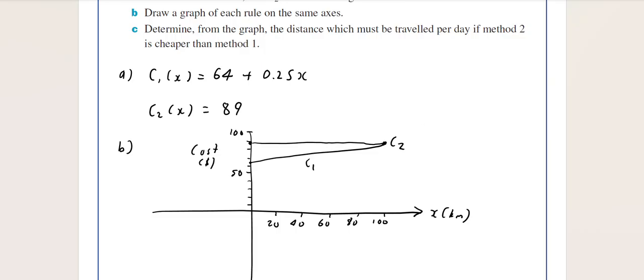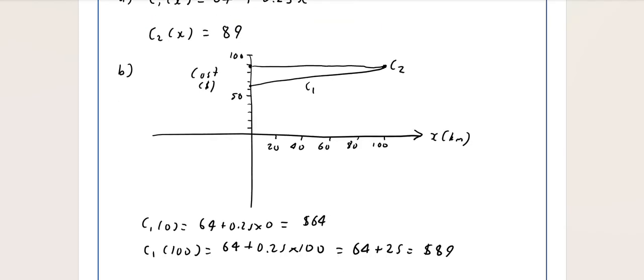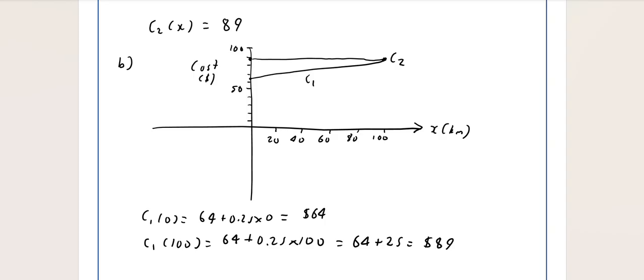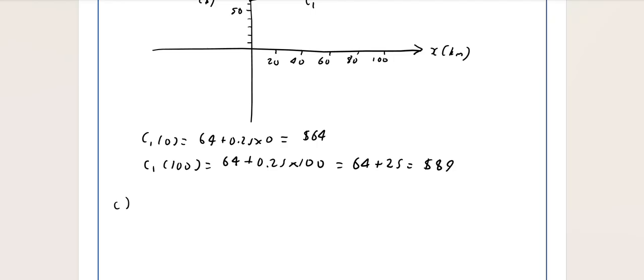It would become more expensive and method 2 would be cheaper. So basically where do they cross? I should know that they cross when they cost $89, which is the 100 kilometer mark. That's where I found that they're going to cross each other. So I can say that as long as X is greater than 100 kilometers, in that case, I'm going to have the second method cheaper than the first method.